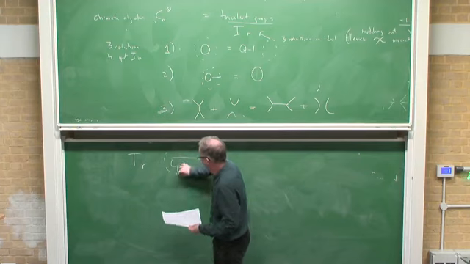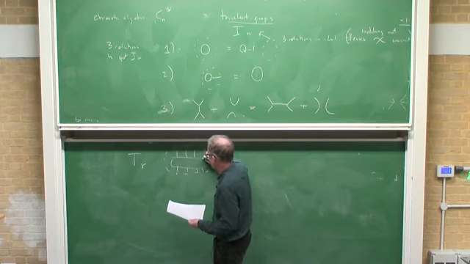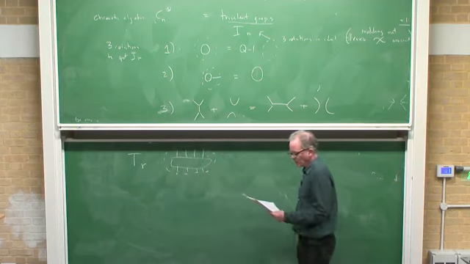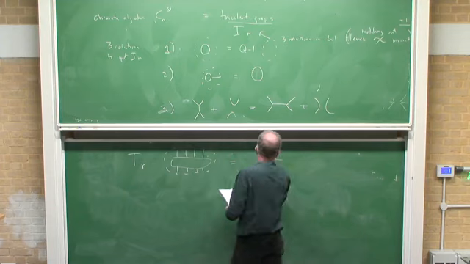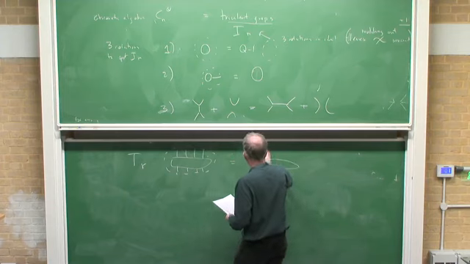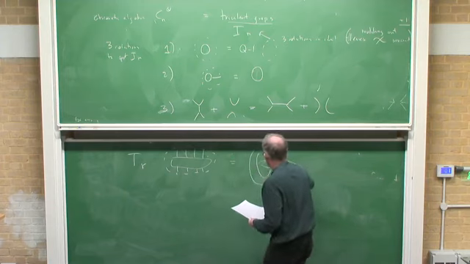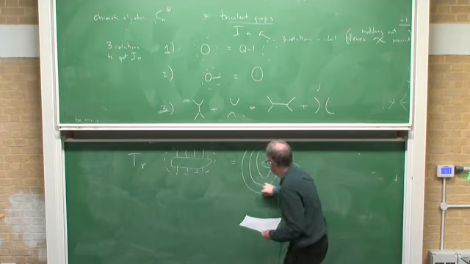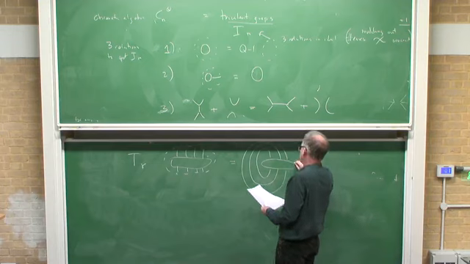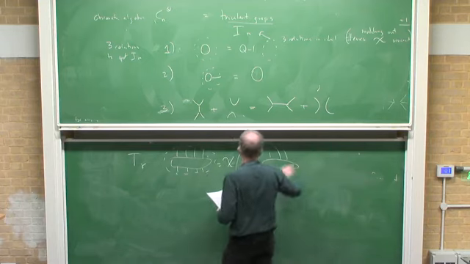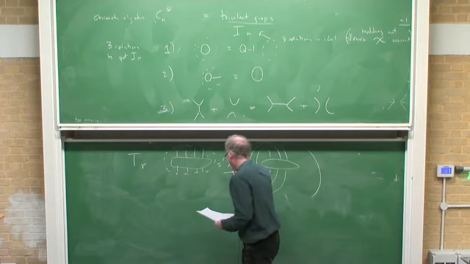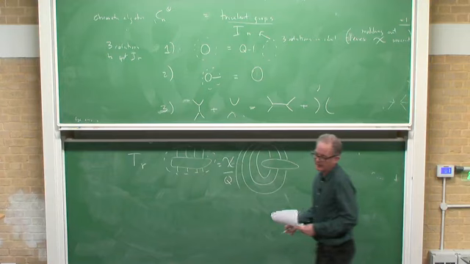So again, that's my disk there, with a bunch of stuff going on in there. Okay, and then the trace just says you keep that in there, and then everything just gets done around like that, and then we take the chromatic polynomial of that thing, and then there's a normalization factor, we divide it by Q.